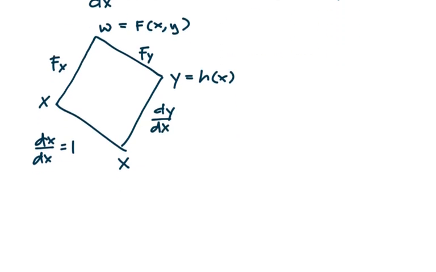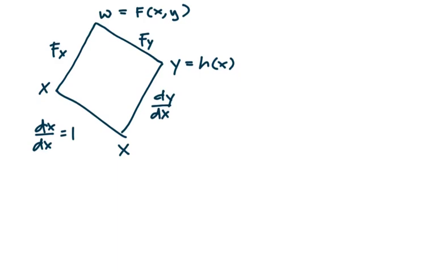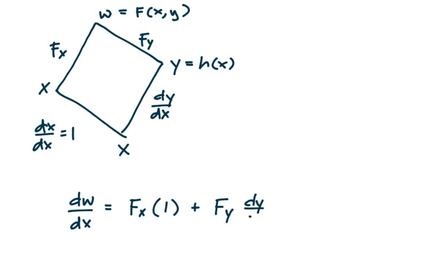So thinking about this dependency diagram in this way, we're going to redefine this chain rule. dw dx, the derivative of w with respect to that independent variable x, is going to equal this product, f sub x times 1, plus this product, f sub y times dy dx.